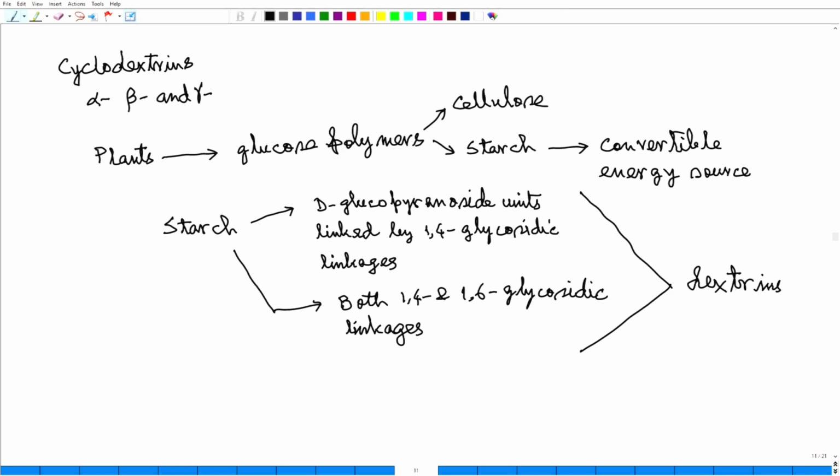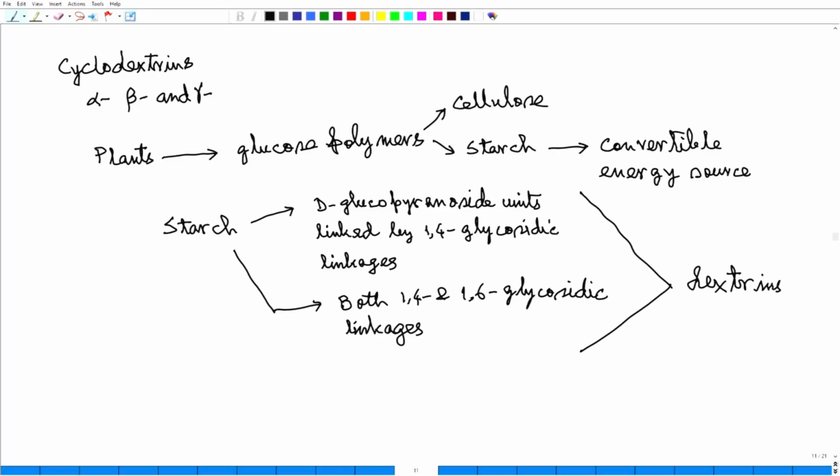Out of that, starch is a convertible energy source, and it has two types of polymers. These polymers can be degraded to dextrins by heat, acid, ionizing radiation, and so on.